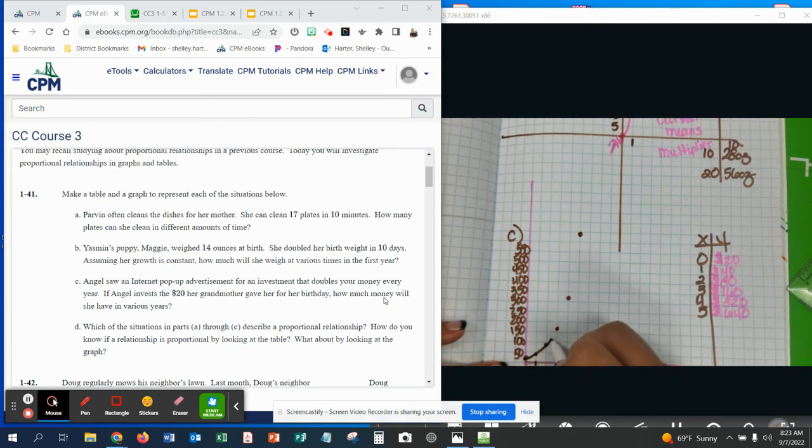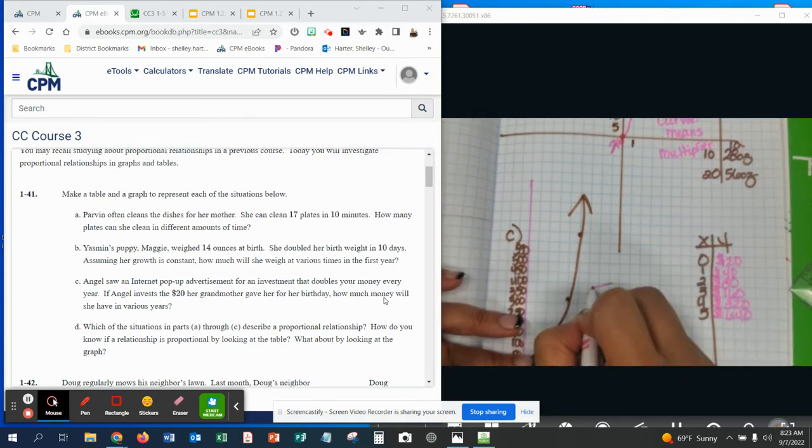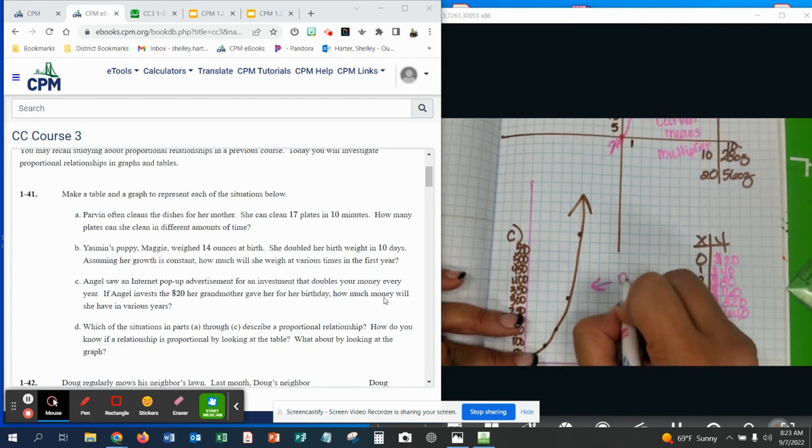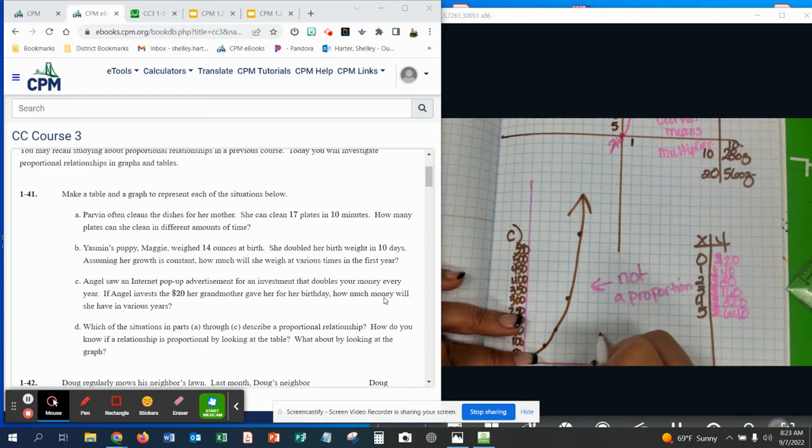So if you watch, it goes up this way. So this also is not a proportion. And then B, it's also a multiplier. It curves.